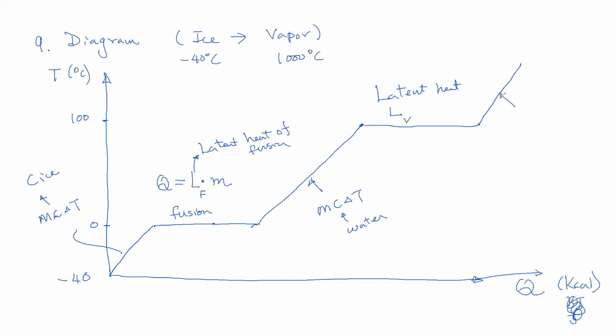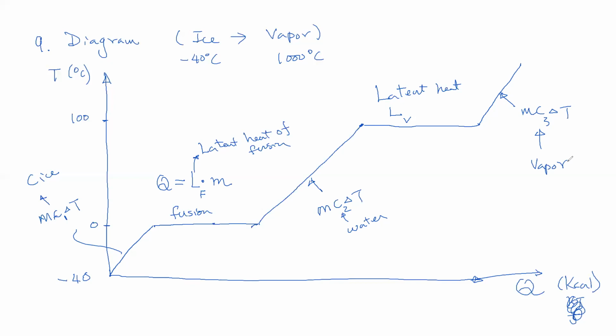This one here will be mc delta T again. And these C's are different, right? This C is C1, this C is C2, and this C is C3. So this C3 is for vapor, right? This is already vapor. So for water vapor.